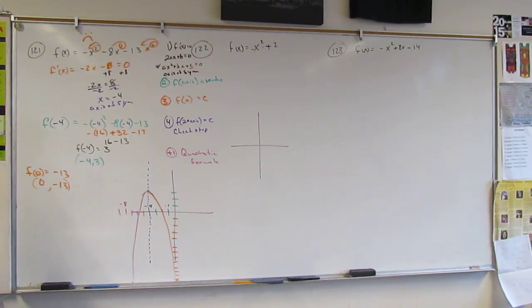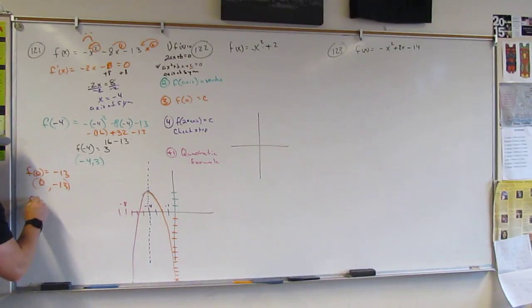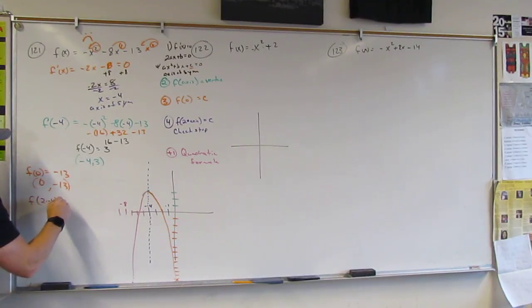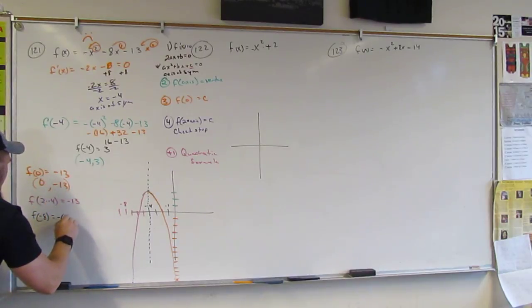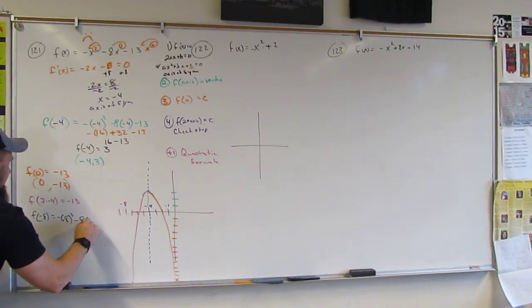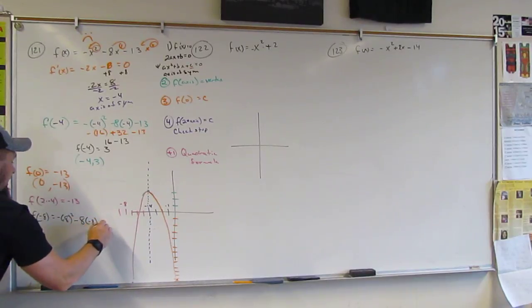Okay? And so when I do that, that means that f of 2 times the negative 4 should equal negative 13. Right? And so what we do is we check it, just to make sure that everything's good. That means f of negative 8 is equal to negative 8 squared minus 8 times negative 8 minus 13.